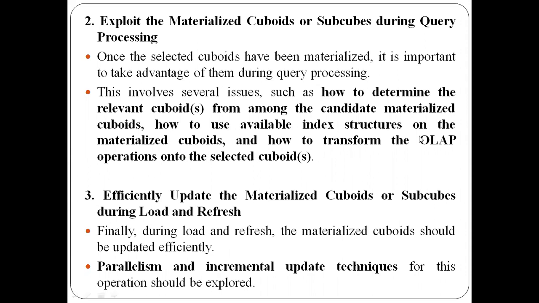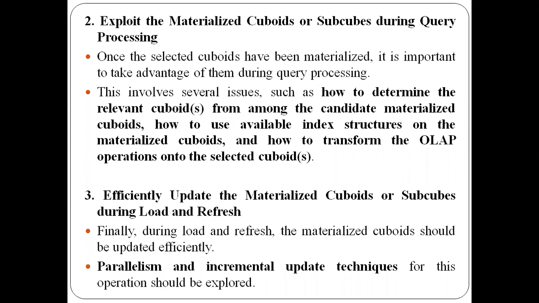And the third one is how to transform the OLAP operations onto the selected cuboids. Ultimately, the kind of operation performed by the knowledge worker or the user will be in the form of OLAP operations. I already explained the different OLAP operations available: roll up and drill down, slice and dice, pivot, and drill across, drill through.